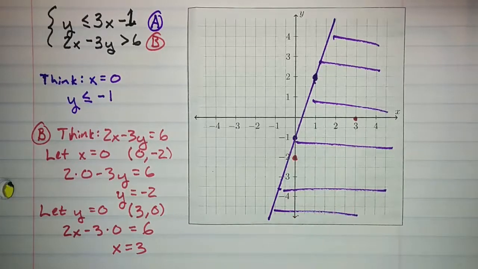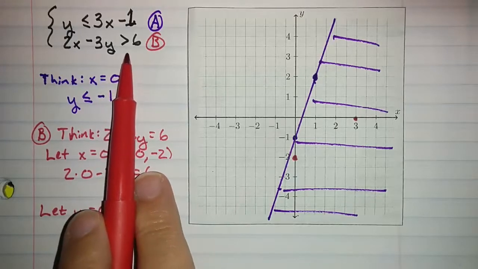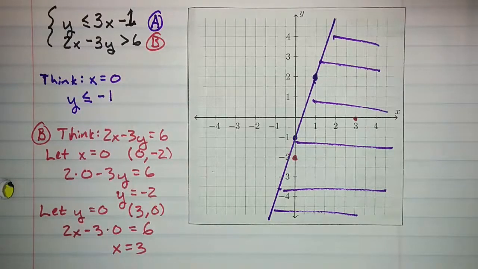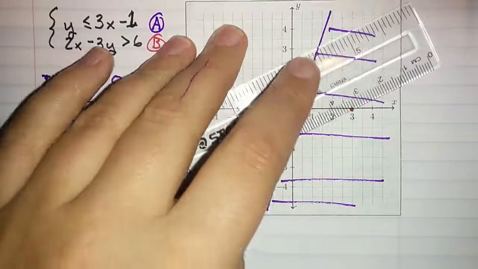There's my 2 points. Do I want a solid line or a dashed line? This is strictly greater than, not greater than or equal to. So the points right on the line we don't want to have in our shaded region, so we use a dashed line.